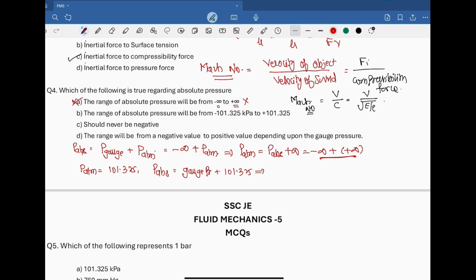Then, if the absolute pressure is minus 101.325 and gauge pressure here plus 101.325, can gauge pressure be minus 2 times the absolute pressure? It's not possible. Hence, it is also ruled out.